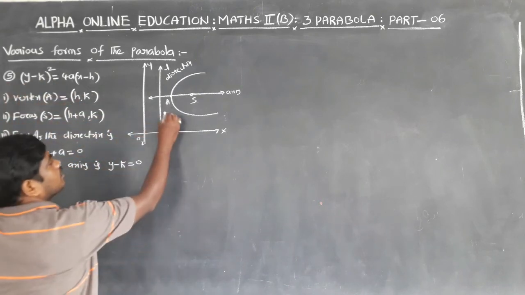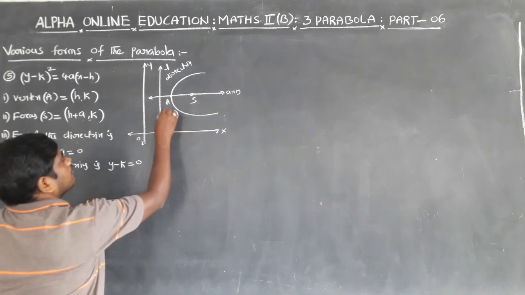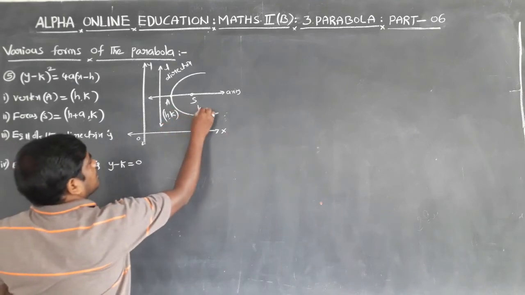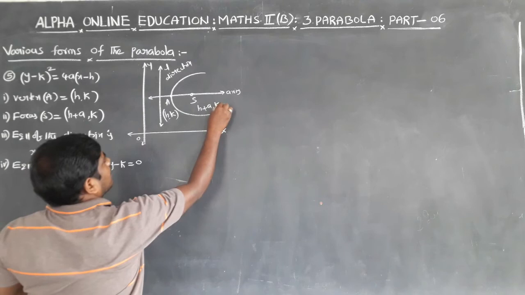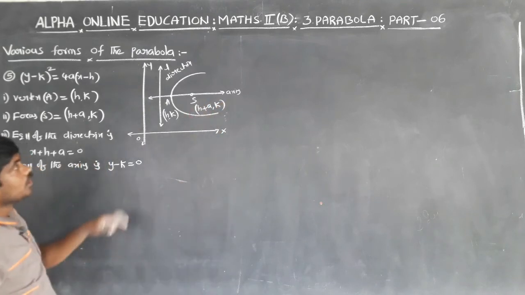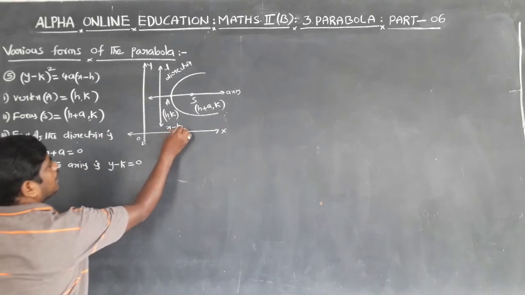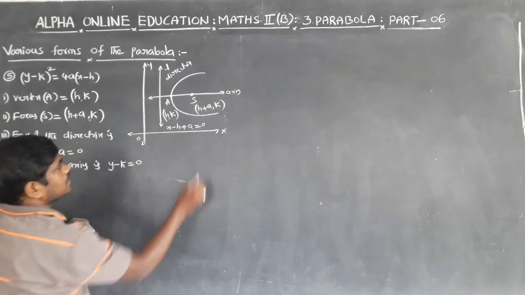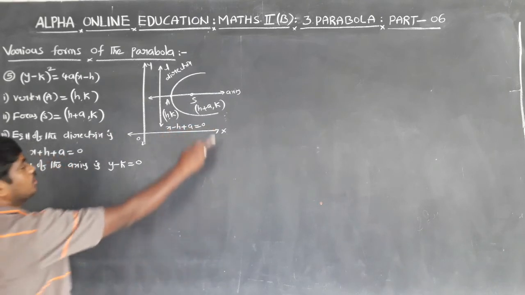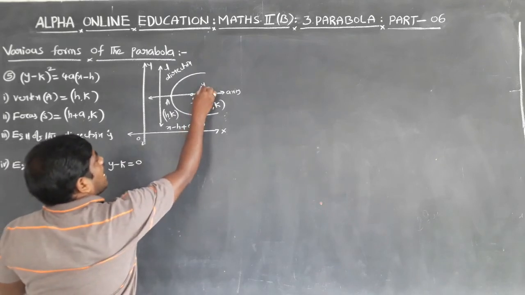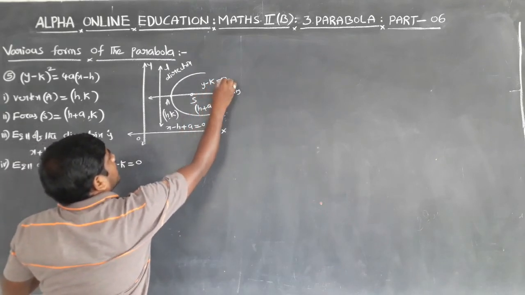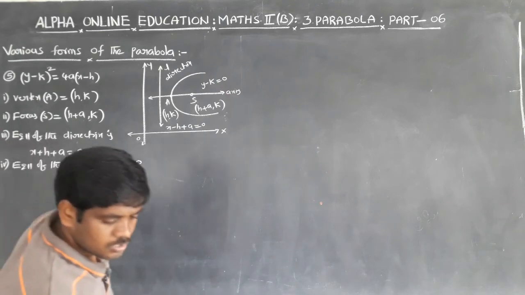Vertex h comma k. Focus h plus a comma k. Equation of the directrix x minus h plus a is equal to 0. Equation of the axis y minus k is equal to 0.